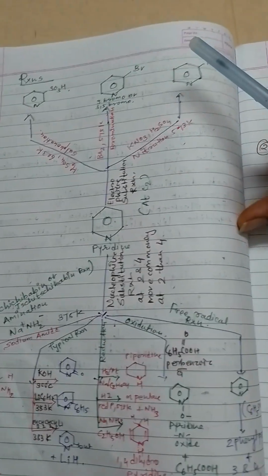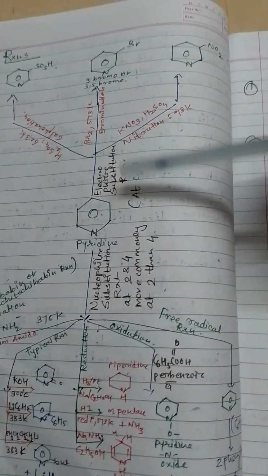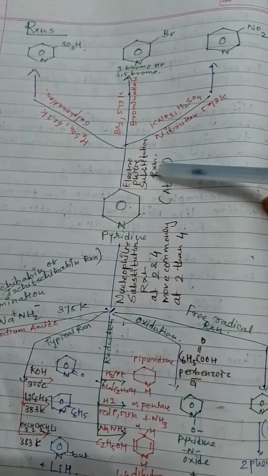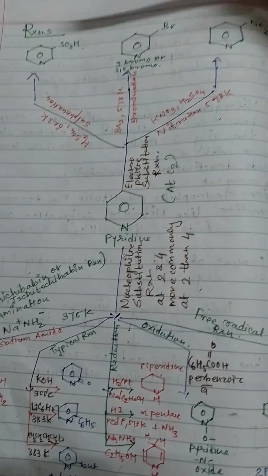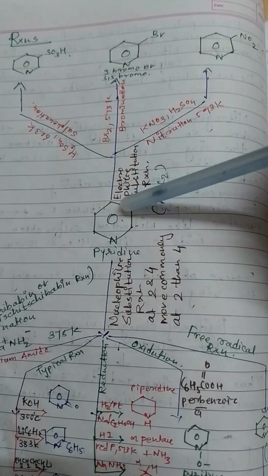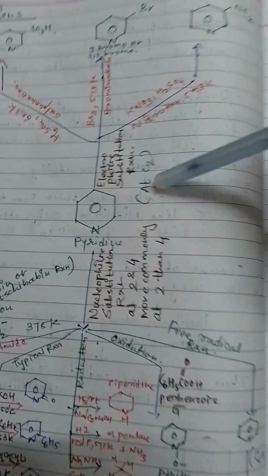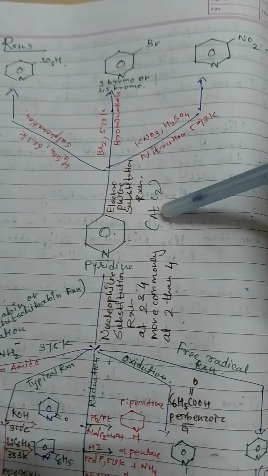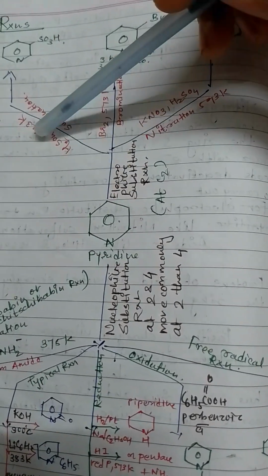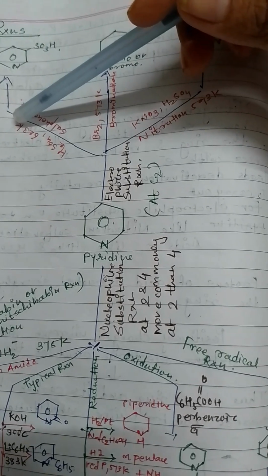Still, some electrophilic substitution reactions take place under restricted conditions. Here sulfonation, bromination and nitration take place. Which are the reagents required? For sulfonation, H2SO4 and 623 Kelvin temperature is required.